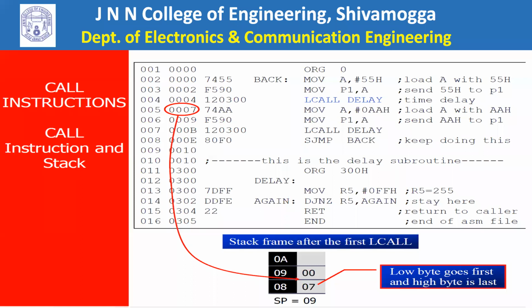More details. The address below LCALL delay is 0007. You can see that is pushed into the stack. You can see the stack frame there, 0700.